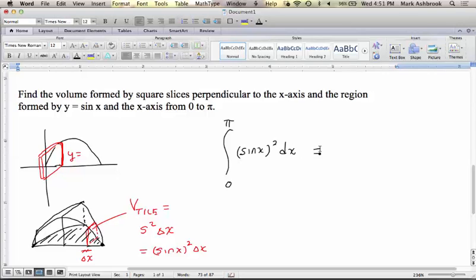Okay? How do you integrate sine squared x? Everyone should know. 1 minus cosine squared, right? No, 1 minus cosine squared just puts you in the same boat that you're in, right? It's the half angle formula: 1/2 times (1 minus cosine 2x).